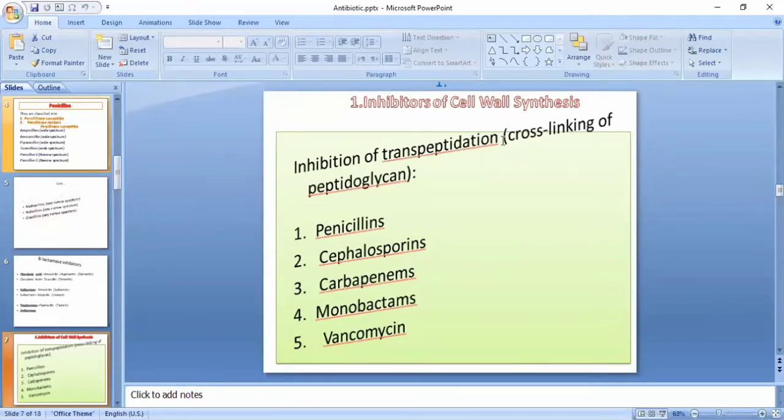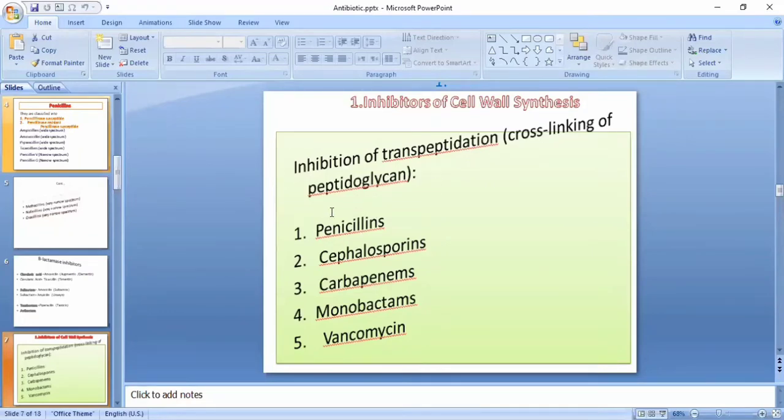Transpeptidase is an enzyme which causes the synthesis of the cell wall of the bacteria. So these penicillins inhibit the transpeptidation, meaning they inhibit the formation of the peptidoglycan layer of the bacteria.